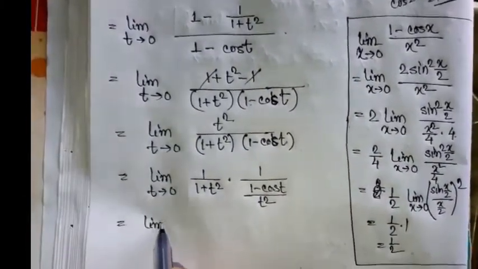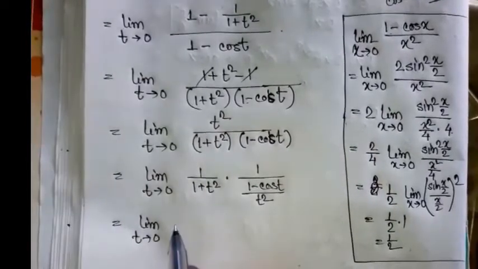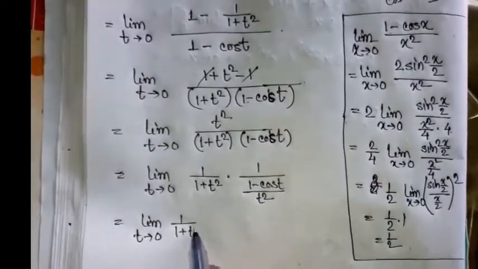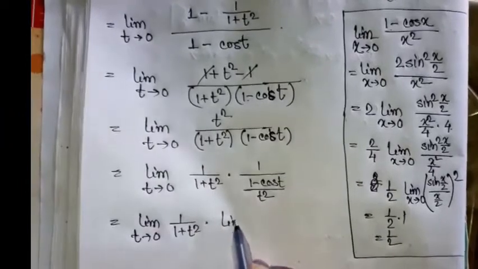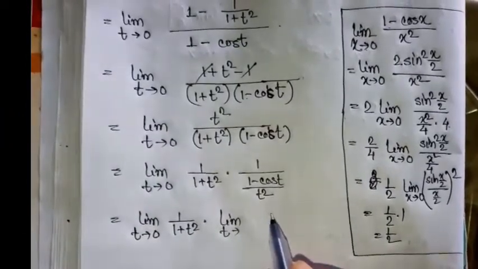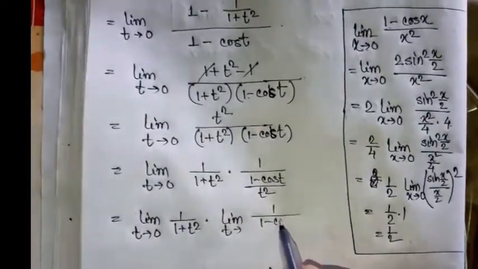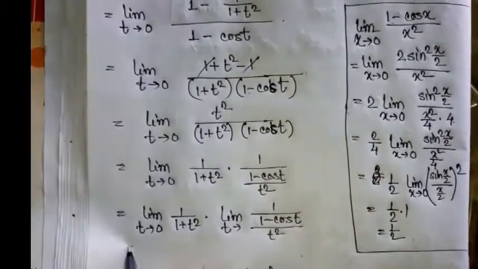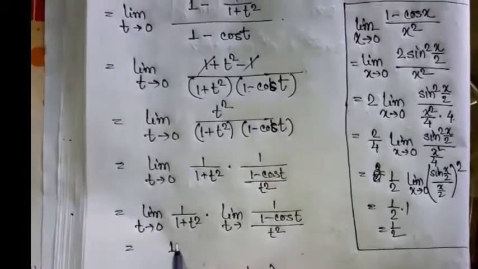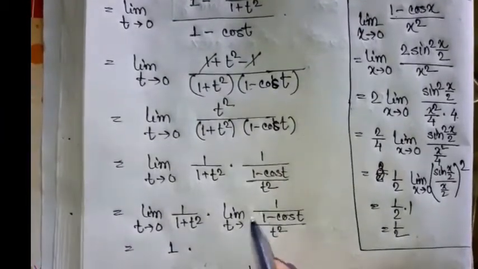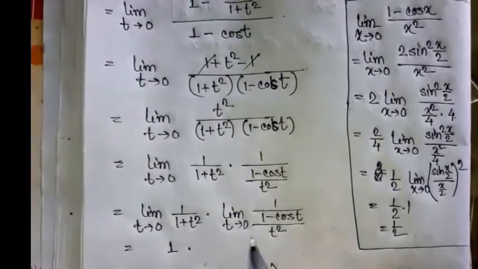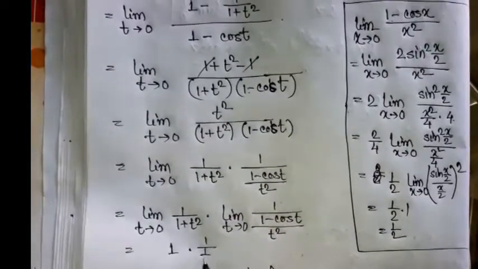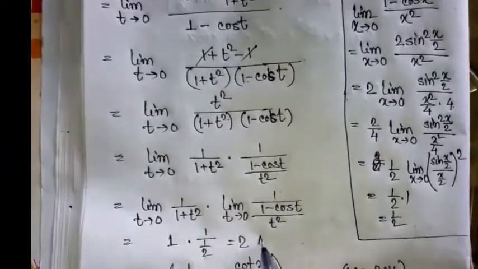So if you distribute the limit, then limit t tends to 0 of 1 by 1 plus t square, dot, limit t tends to 0 of 1 by (1 minus cos t) by t square. So this limit will be 1, and this limit will be, if we distribute numerator and denominator, 1 by 1 by 2. That means finally we will get 2. This is the answer.